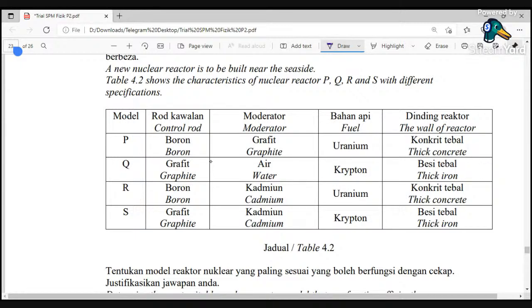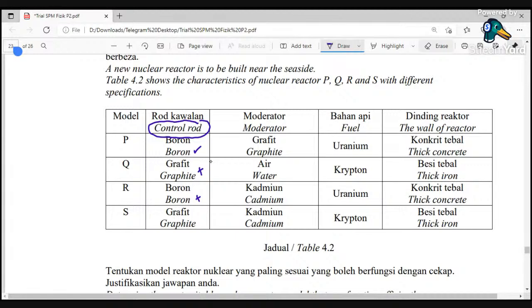So we must have all the safety features required for this nuclear reactor. Okay, the first one, the control rod. The control rod that we need to use is boron or cadmium. So in this case, graphite cannot be used. So I will choose boron.